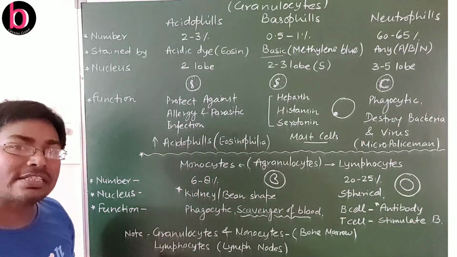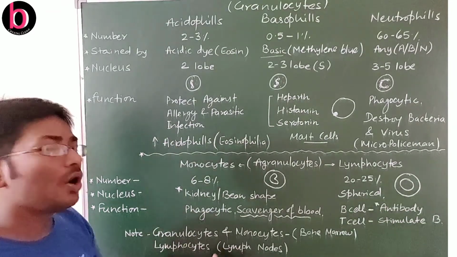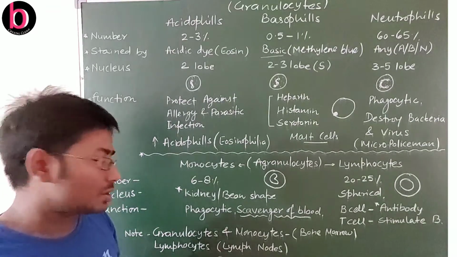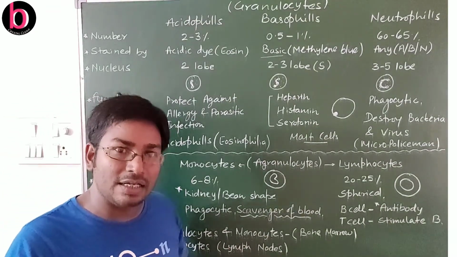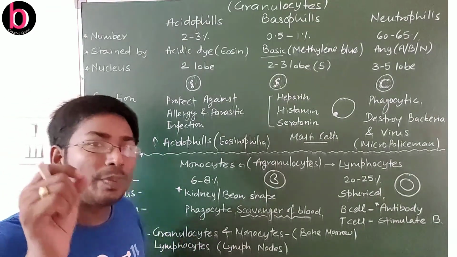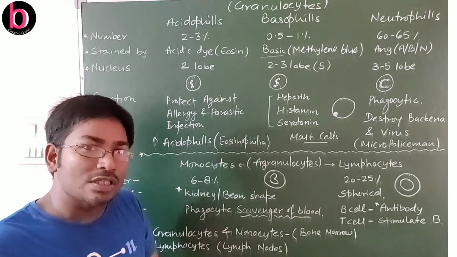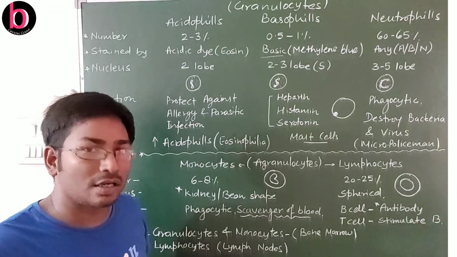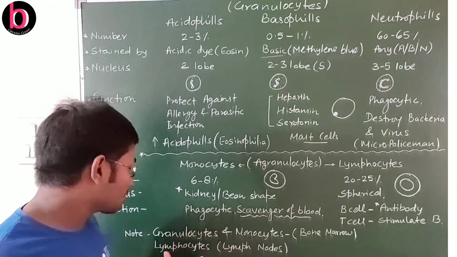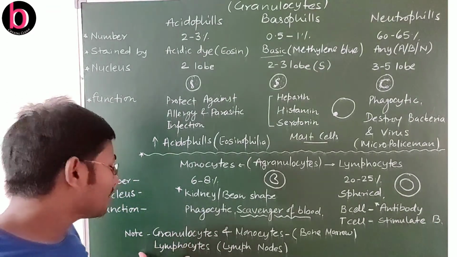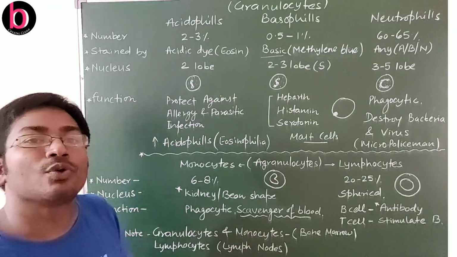While lymphocytes are produced only in the lymphoid organs, like for example the spleen. There are also Peyer's patches, which are present in the small intestine. Tonsils are also lymphoid regions in our body. So in that lymphoid region there will be synthesis of lymphocytes.